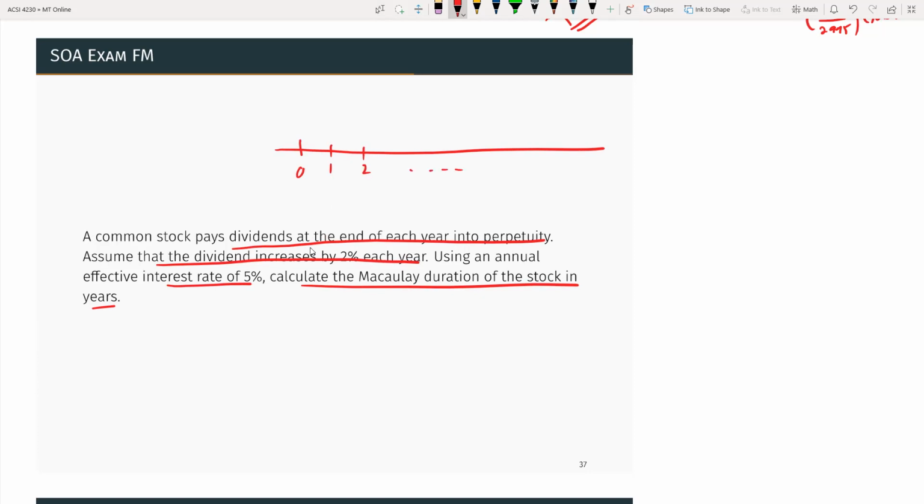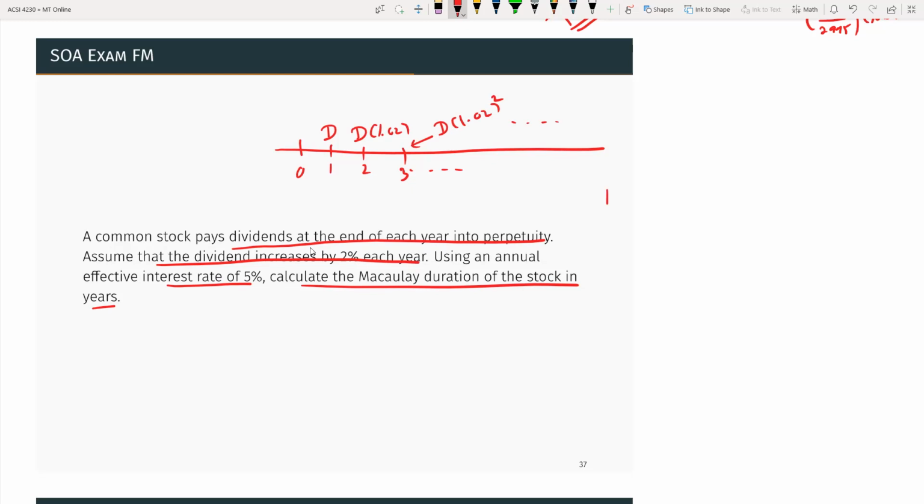Pay dividend. So let's assume the dividend amount is D, then the next year it is going to be increased by 2%.